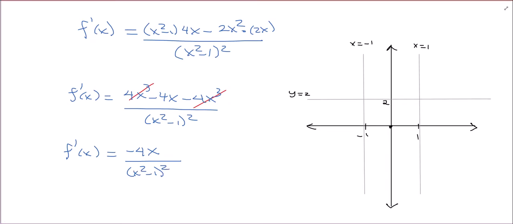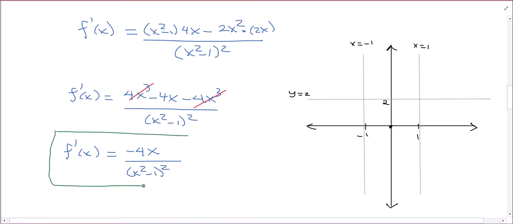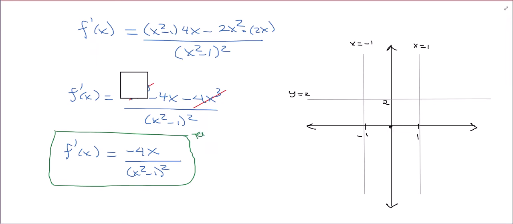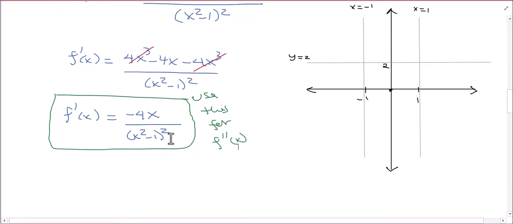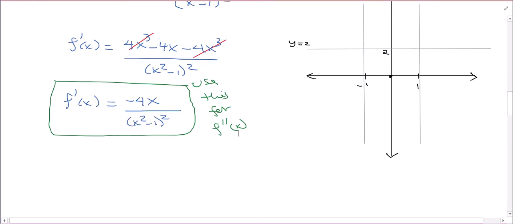Now I am going to box this up, as this is a good place to save and use this for f double prime, because this is a nice simplified way of keeping the derivative.